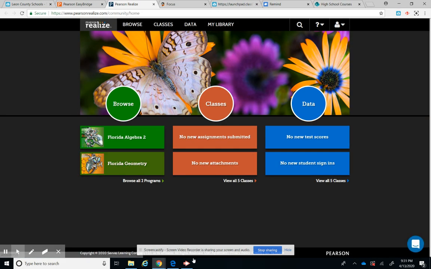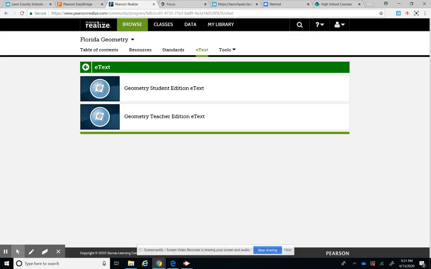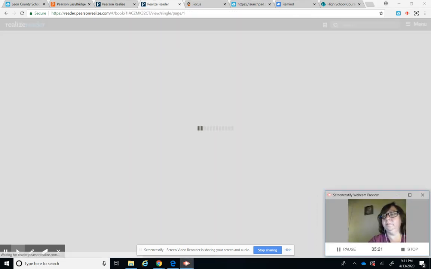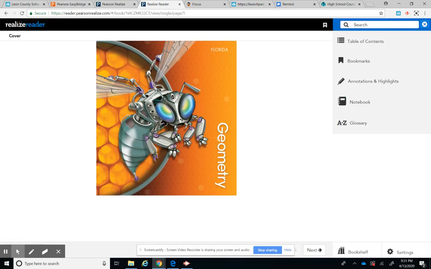Okay, I'm going to show you something else that you can do, because I want to show you an example straight from the book. I'm going to go to the geometry book. I'm going to go to the e-text. You only have the choice of clicking on the student edition, but that's all I want anyway. Making sure I was still recording. I'm going to see if it's going to pop up. I want to show you something. Go to the menu over here.